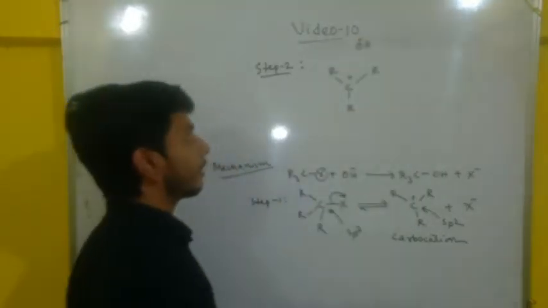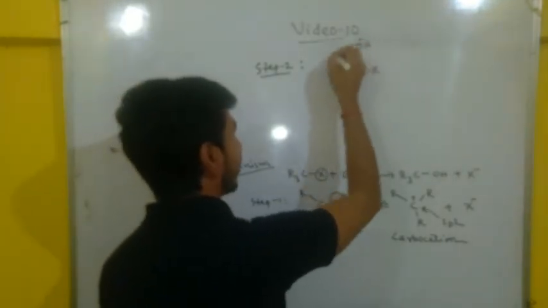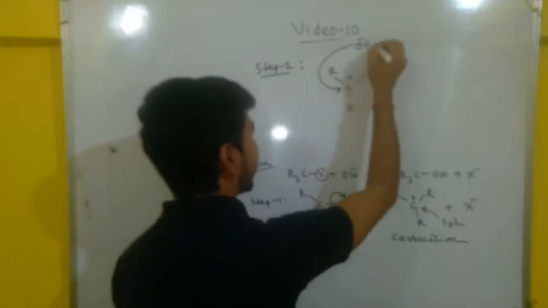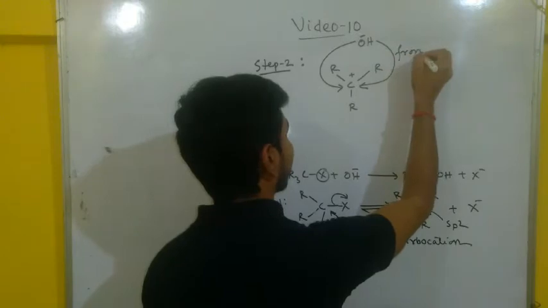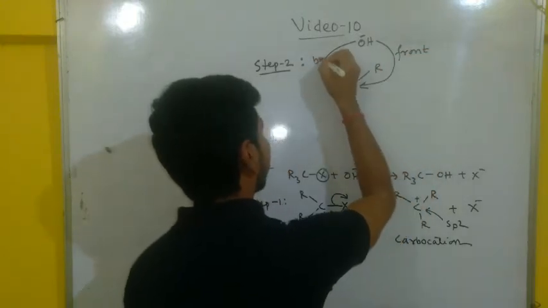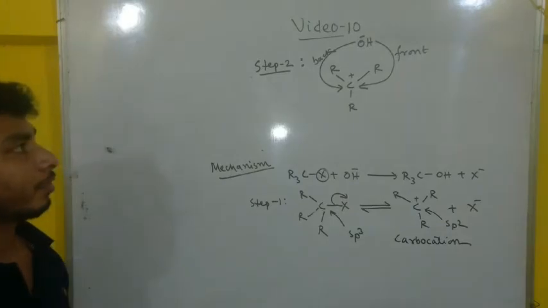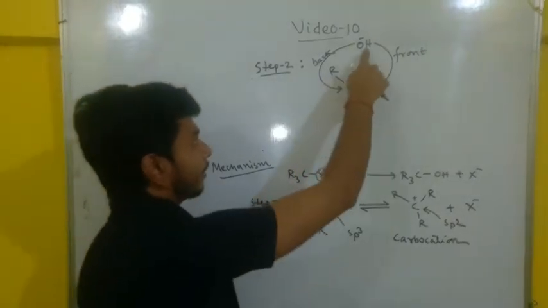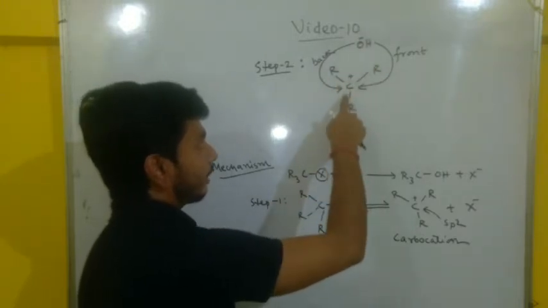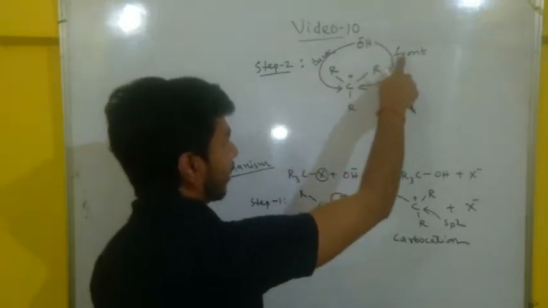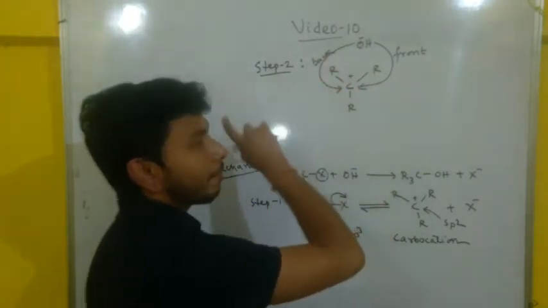The nucleophile is OH minus. This OH minus will attack the carbocation from two sides, the front side as well as the back side. So in the second step, this is the nucleophile and this is the carbocation, and the nucleophile will attack the carbocation from both the front side and the back side.